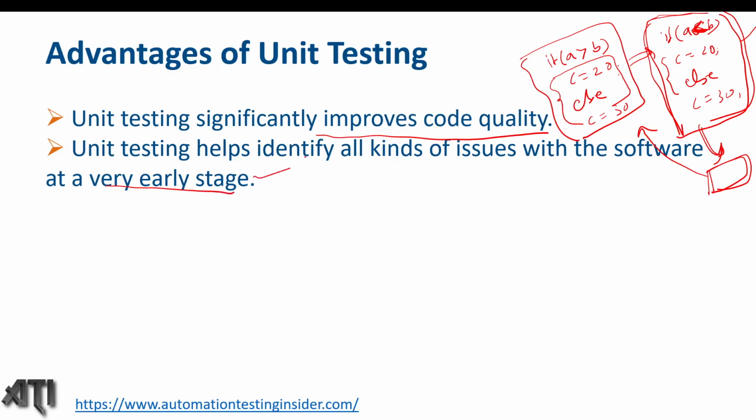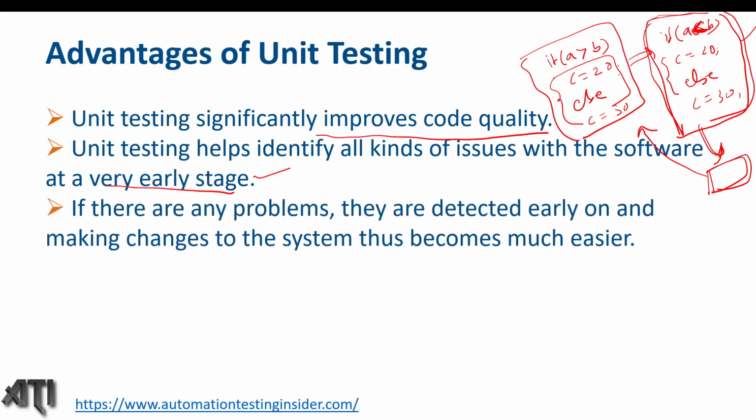This is the biggest advantage of unit testing. If there are any problems, they are detected early on, and making changes to the system becomes much easier. Reduced cost: as soon as we get a defect, we fix it as early as possible, so the cost of the project will be reduced.